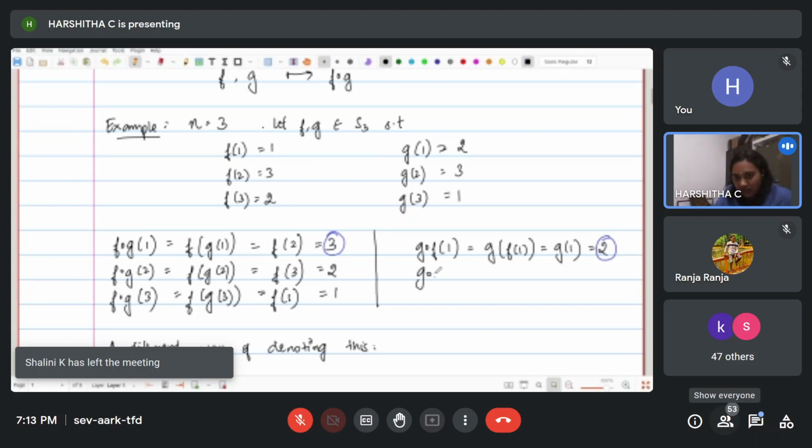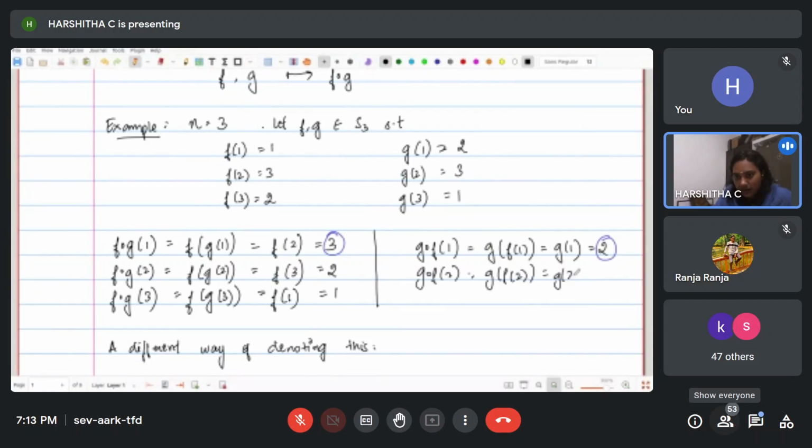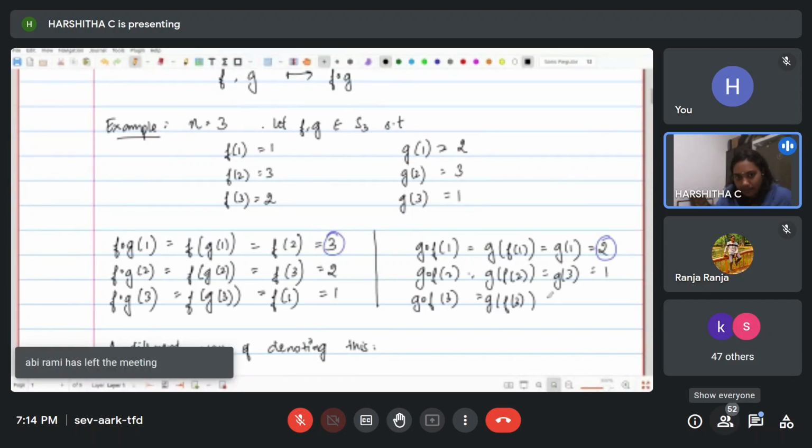Just for the sake of completion, let's finish this. F of 2 is 3. So this is 1. And G of 2 is 3. So you see, in fact, for every value we're getting different answers.